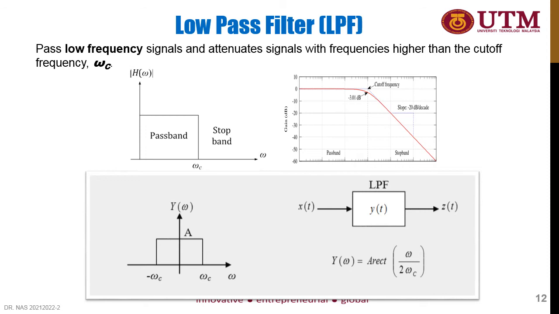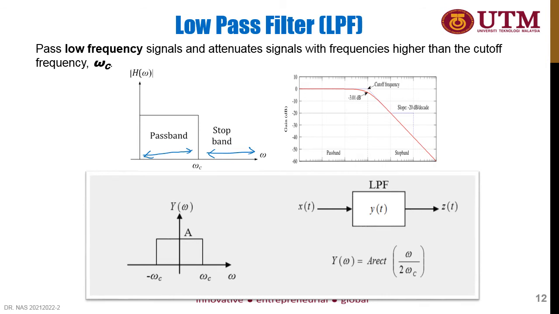The lower frequency component that will be selected is included within the passband area, and the unwanted signal that will be removed lies within the stop band area.